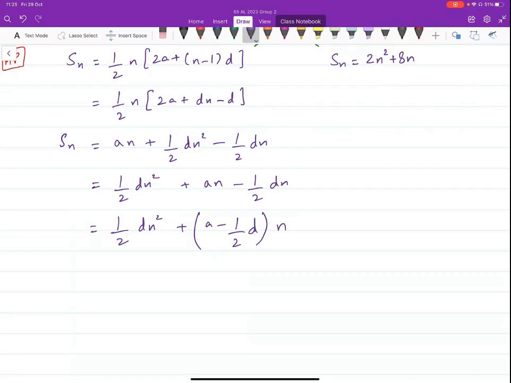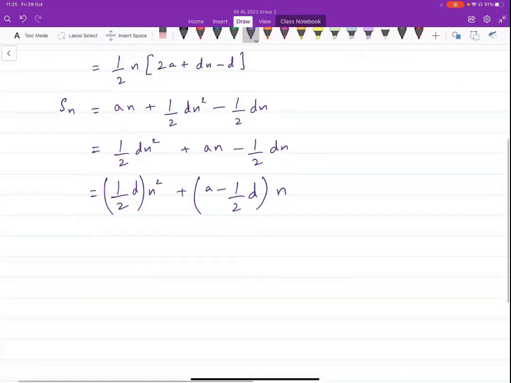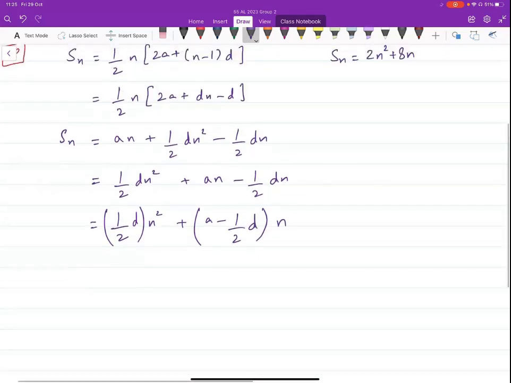So we have to see what the coefficient of n is here. We have 2 terms in n. So we take n common and we're left with a minus half d. So now we've got a form that is very similar to that. We've got something in terms of n square and n. The coefficient of n square we have is half d, and the coefficient of n is a minus half d.